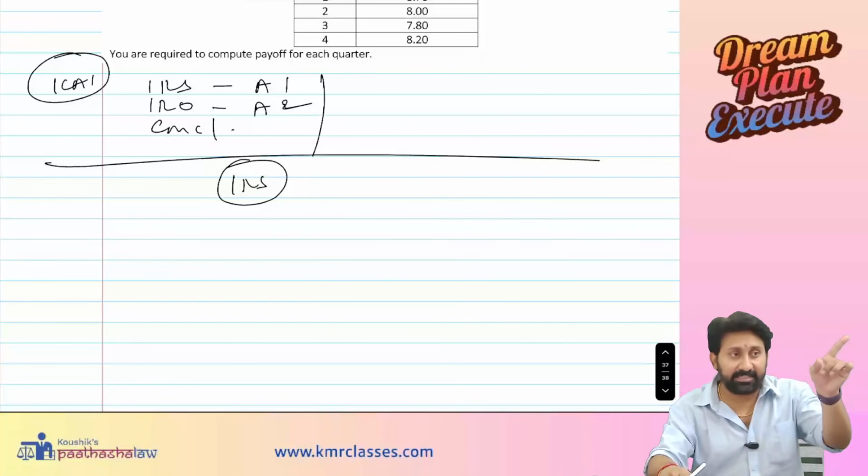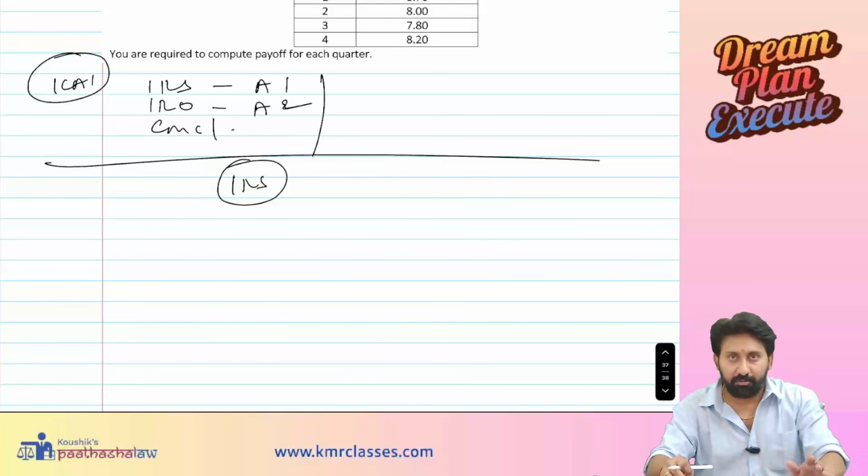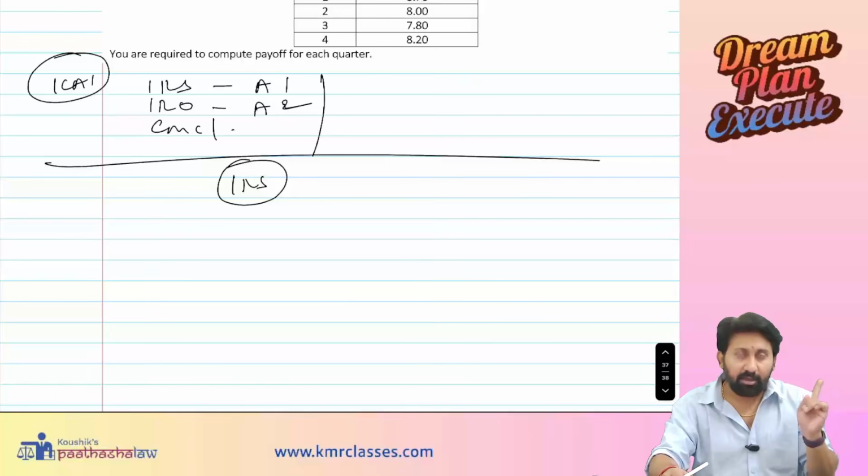Without having that basic knowledge, this can be difficult for you now. If you can manage, you continue, or else stop the video here. Go back to my swaps. I already uploaded. Go back to the swaps, listen to that, and then come here. I will try to explain here itself.